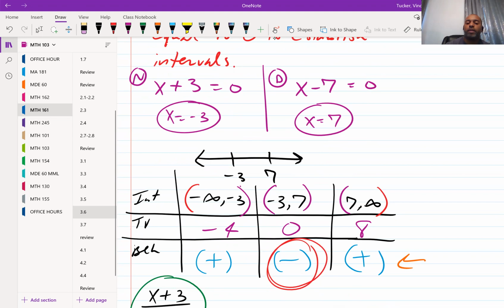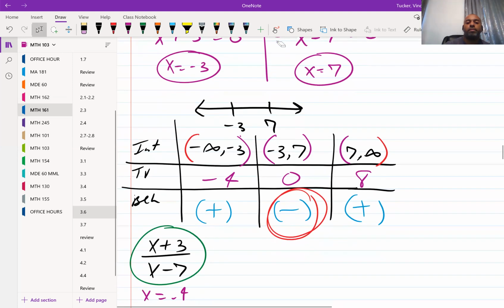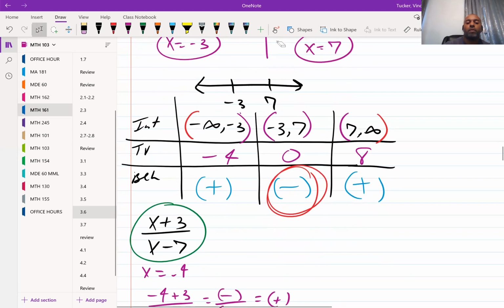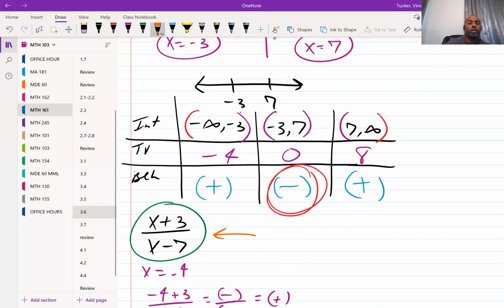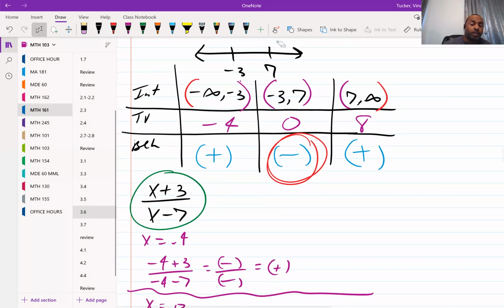Now let's see how we got those values. Scroll up. So this was our expression, x plus 3 over x minus 7. You plug in those test values accordingly. Once again, I just want to know what the signs are. So -4 plus 3 over -4 minus 7 gives me a negative over negative. That's going to be positive.